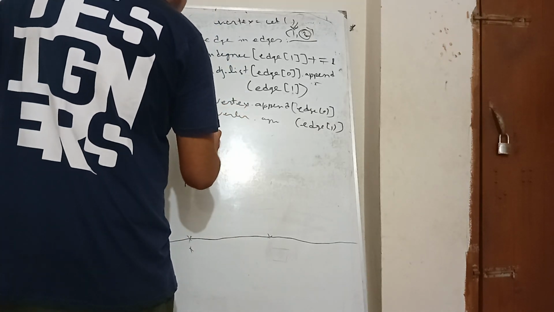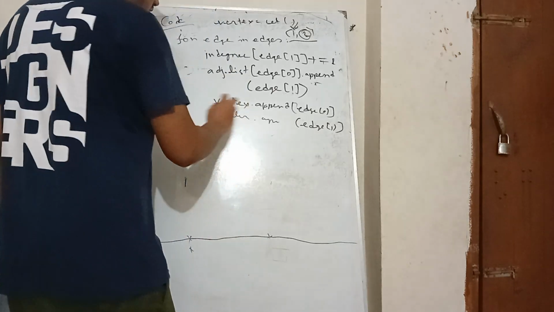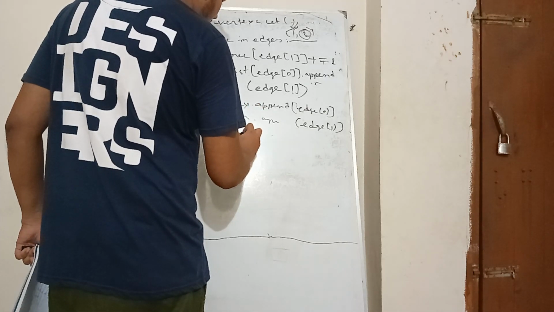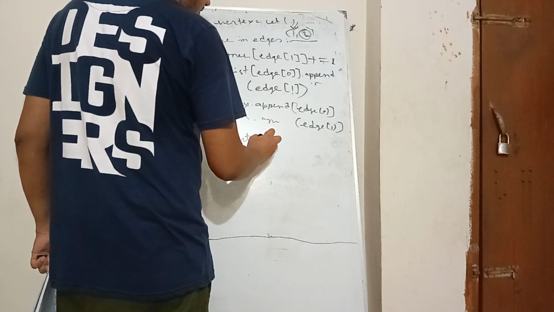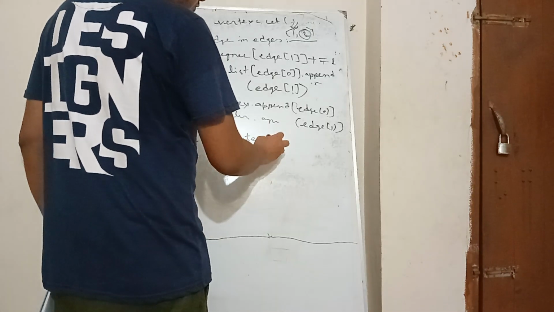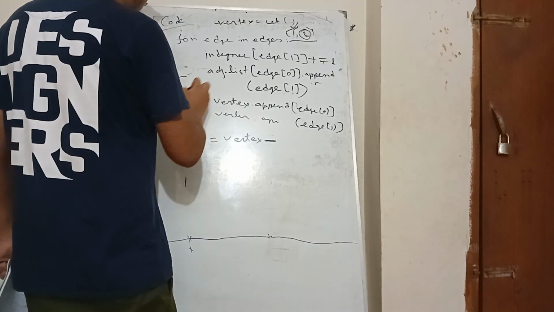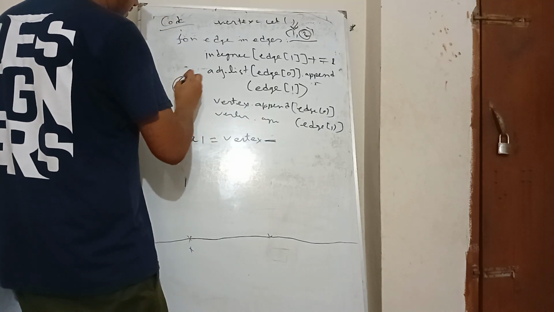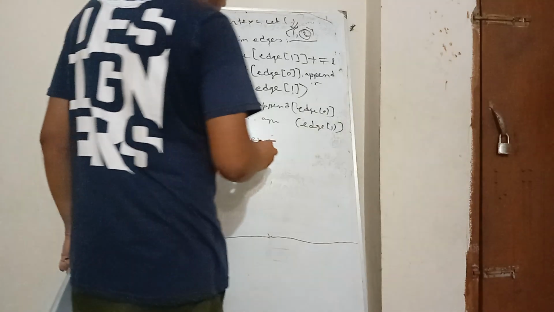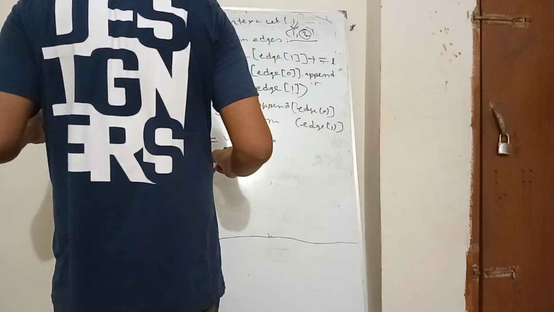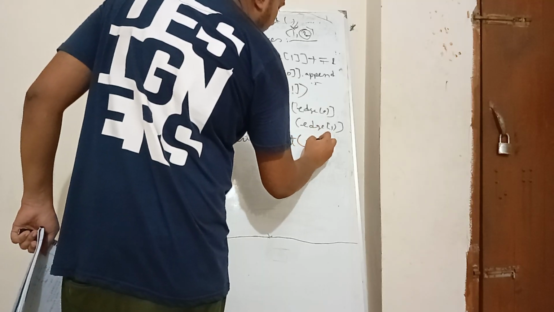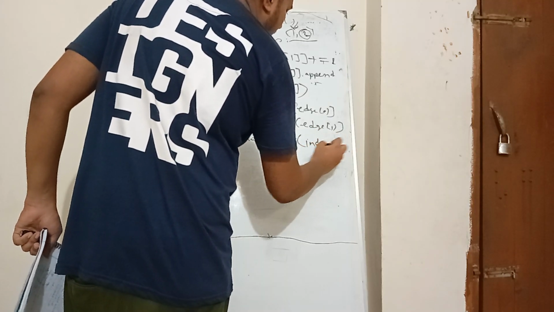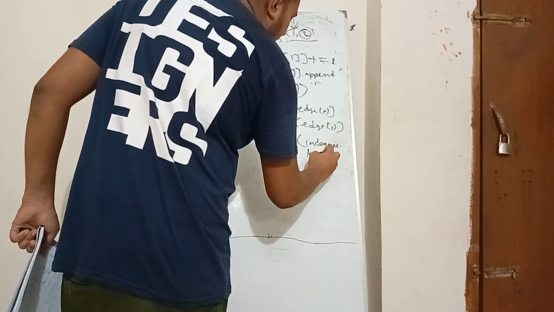So x1 equals vertex, that means all the vertices in the graph, and we remove the portion of set in degree dot keys.